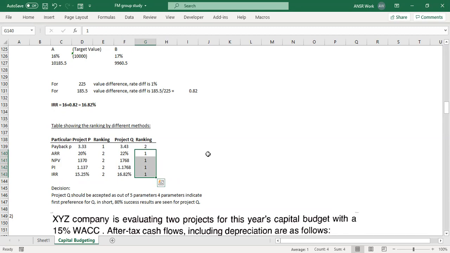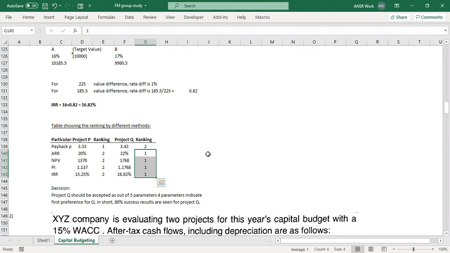But IRR is when you are finding the exact rate at which your outflow equals inflow. In ARR, it's a simple calculation of return, just looking at how much you are getting and how much you invested.